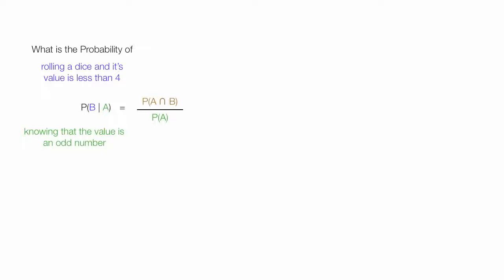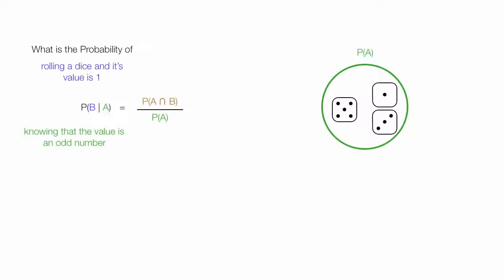I'm going to change the problem slightly, and I'll repeat the process of how I solve it. Now, if I know that the value is an odd number, what's the probability that the value is 1? The probability of event A is exactly as it was before, and it's still 1/2. I'll go ahead and put that in there.